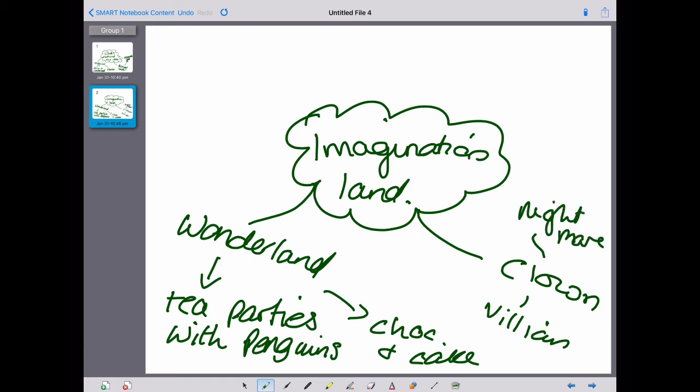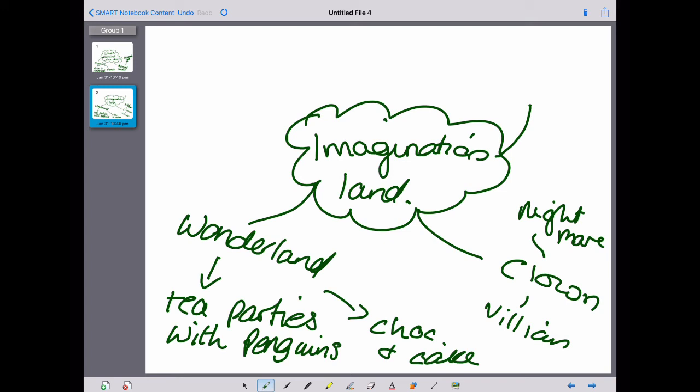Okay, so today's lesson, all you need to do is mind map as many ideas as you can. What do you think it's going to look like? Who might be there? What is your behind the door place going to be like? What does it look like before you get to the door? So think about your settings, think about your characters.